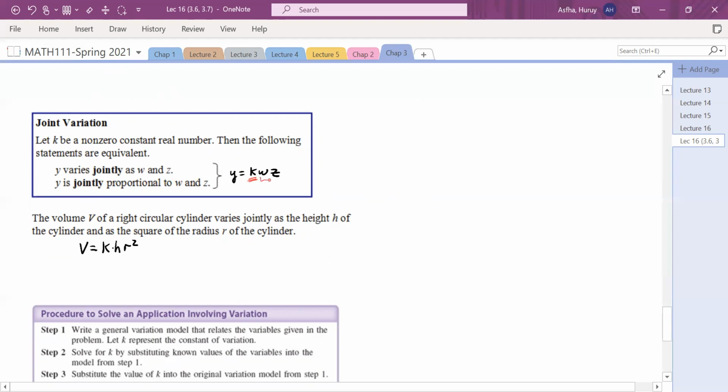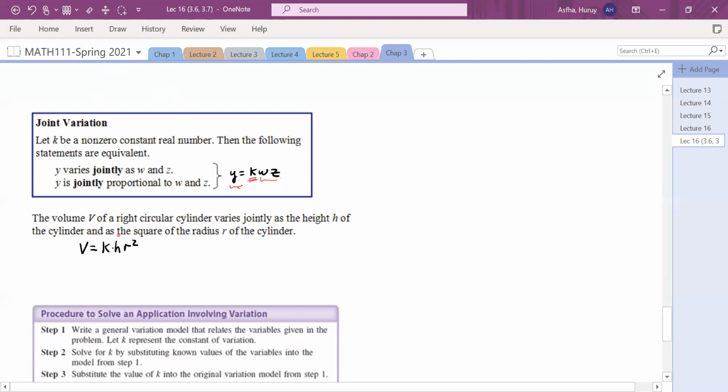So as you can see, these are variables. Again, y varies jointly as w and z, or we say y is jointly proportional to w and z.